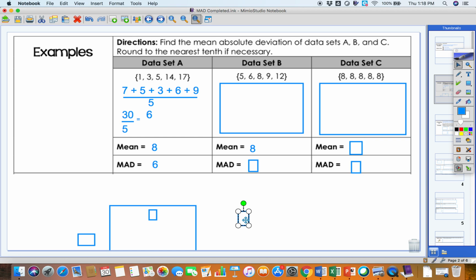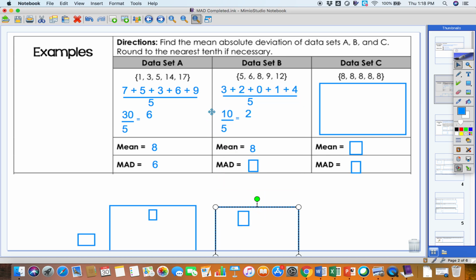The absolute value of -1 is +1. And then the absolute value of 8 minus 12 is 4. So those are the distances, 3, 2, 0, 1, and 4. And again, we took the absolute value, which means the answer has to be positive. So when you total these distances, you get 10 divided by 5, which is 2. So our mean absolute deviation is 2.